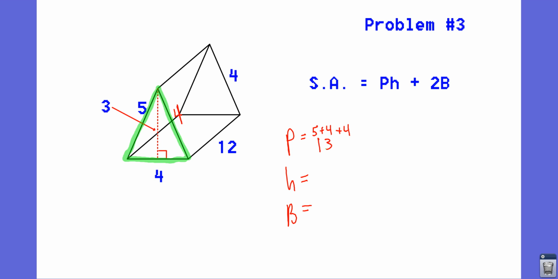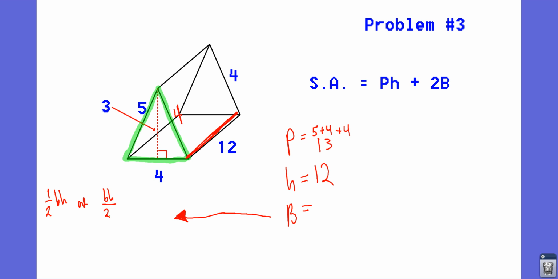The height, which is the distance from the front triangle to the rear triangle, because it's a triangular prism, we know that the bases are triangles. The height's going to be 12. Area of the base. This is where you look at area formulas and ask, what shape is the base? The shape is a triangle, which is 1/2 BH, or base times height divided by 2.